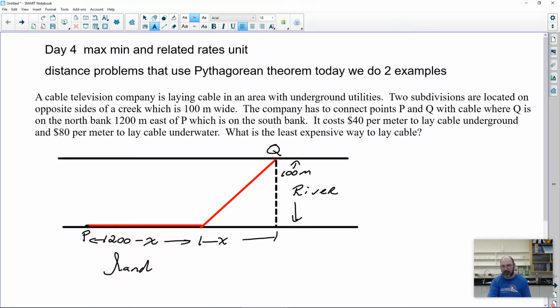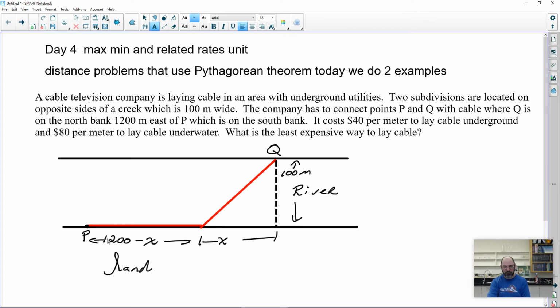Okay, and then it says the company has to connect point B with point Q, where Q is on the north bank, that's up here, 1,200 meters east of P. So this is 1,200 from here all the way over here on the south bank.